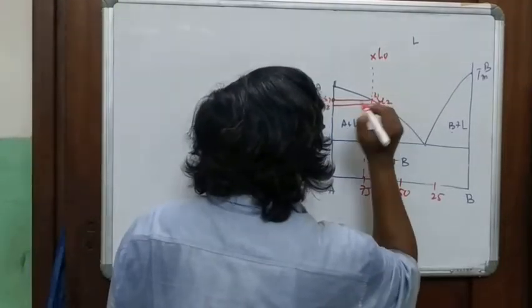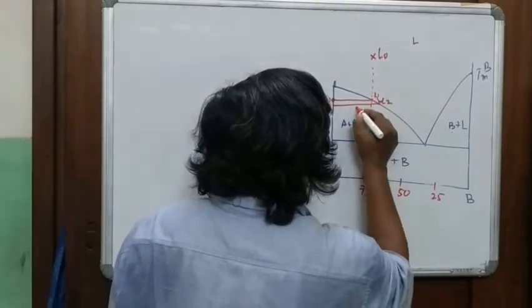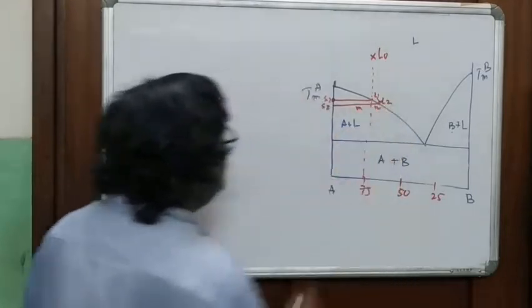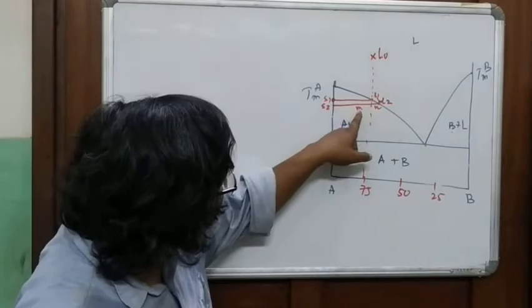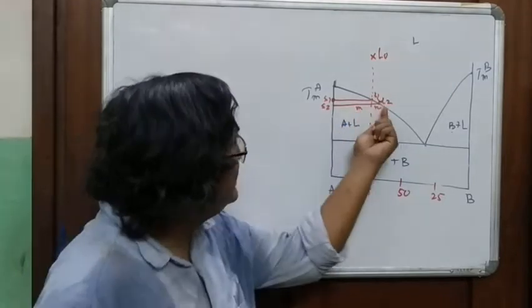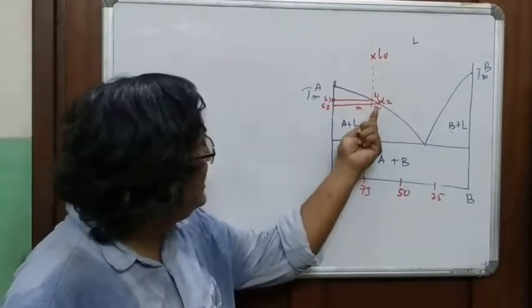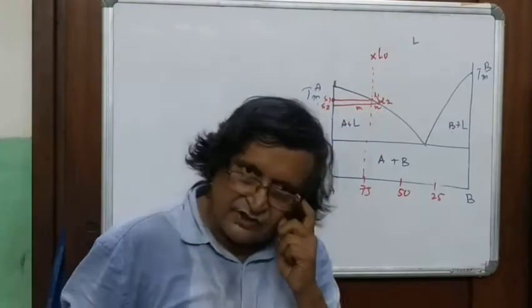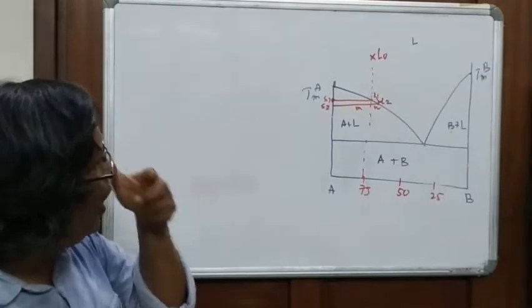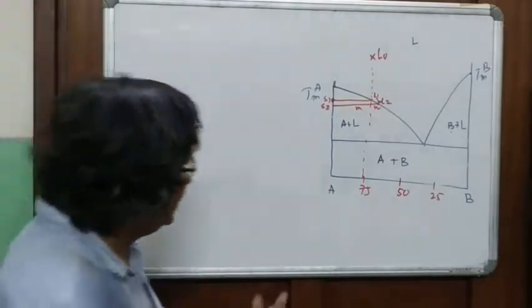If you remember, we divided it into M and N, where M divided by M plus N is the fraction of liquid, and N divided by M plus N is the fraction of the solid.